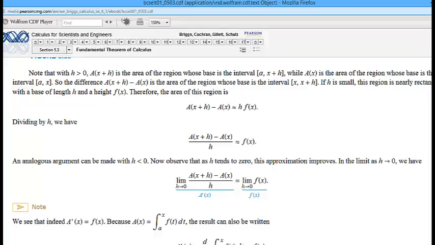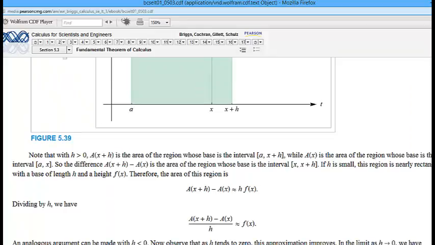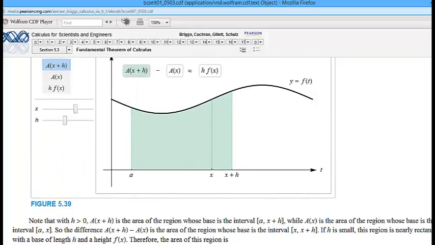They say, hey, look at this picture. Where's the area function? The area function is in the green. All right? And they say, look, if you want to get the area function of A of x plus h, well, it depends how big h is, I guess, right? But it's from here all the way to there.